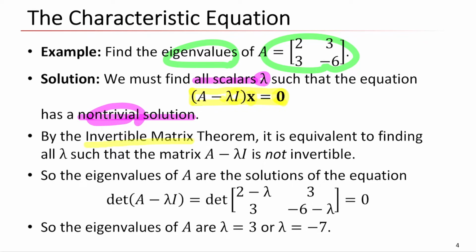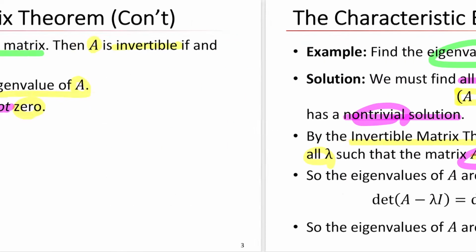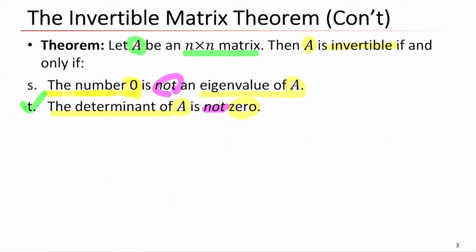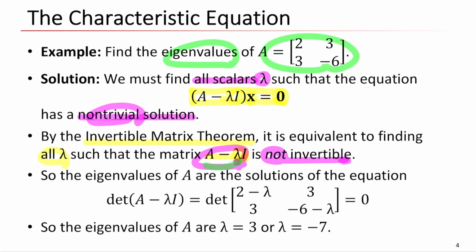Then how can I find the lambda such that this equation has a non-trivial solution? If we use the invertible matrix theorem, it is equivalent to finding all lambda such that the matrix A minus lambda I is not invertible. Then how can I find the value of lambda that makes this matrix not invertible? There are several ways, but we will use this theorem. So we will check the determinant of this matrix.